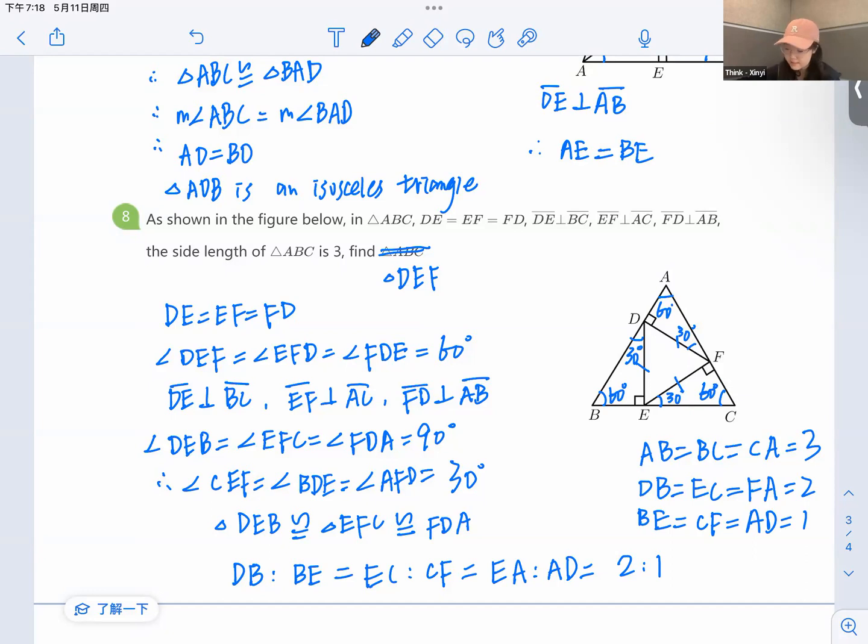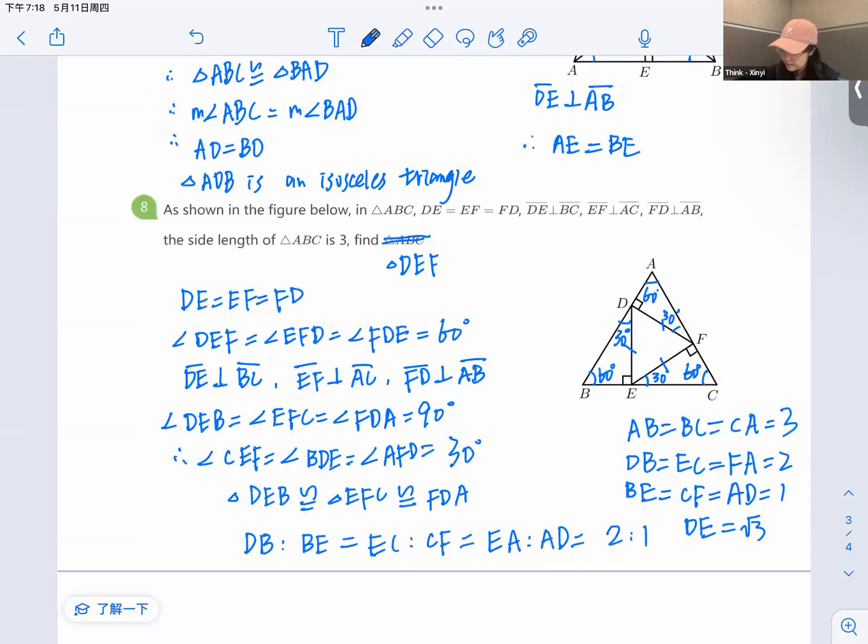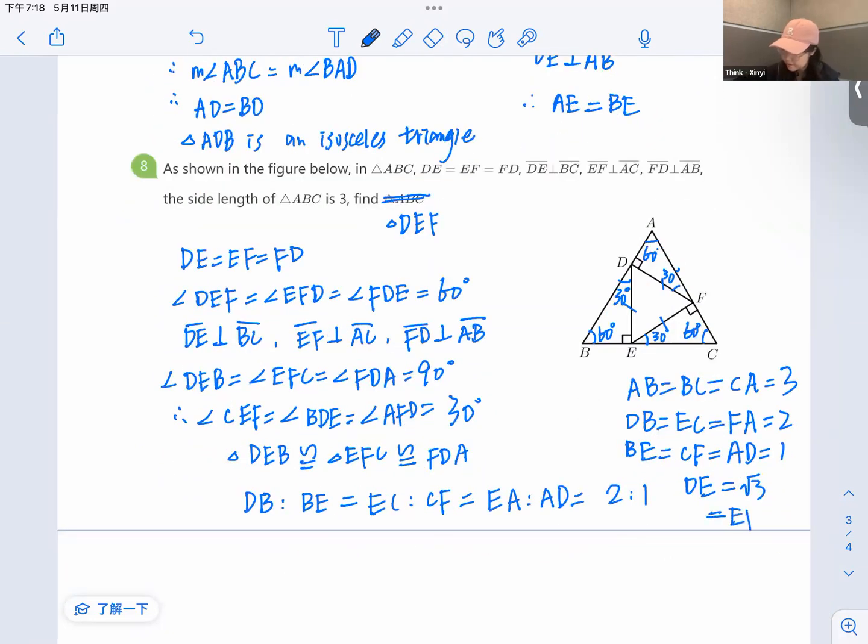And then we can know that DE is √3, and it equals to EF and DF. Okay, so for DF, we also can have a perpendicular line here. So let's say it's G, okay? So EG would be 1/2 of the DE.